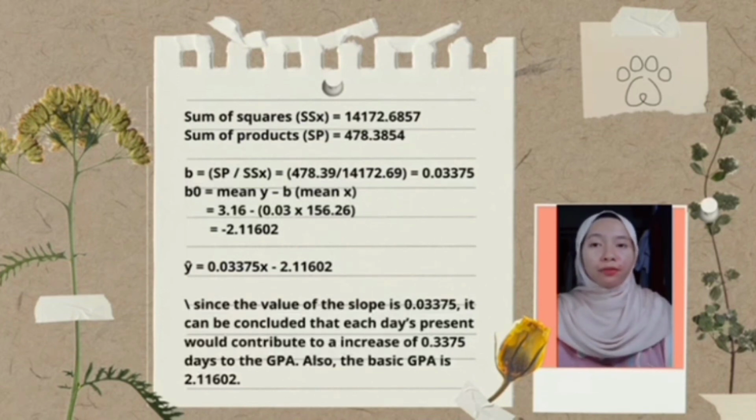The answer to this question is: since the value of the slope is 0.03375, it can be concluded that each day present would contribute to an increase of 0.03375 in the GPA. Also, the base GPA is 2.11602.